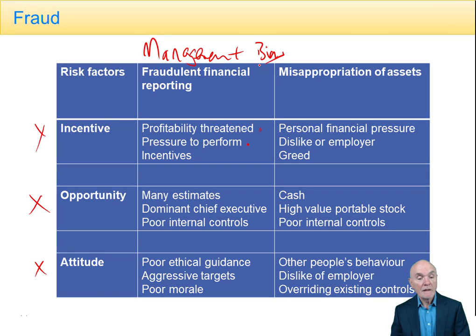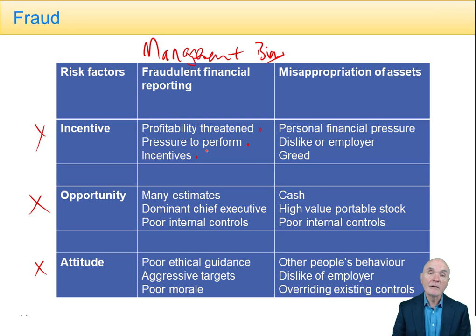And incentives. Again, management bias can be set up by incentives. If the manager is going to be given share options provided the profits hit a certain level, then there's great incentive to try and get the profits up. That's why the share options were there, of course, to provide legitimate incentive, but they can also provide incentive to cross the line.